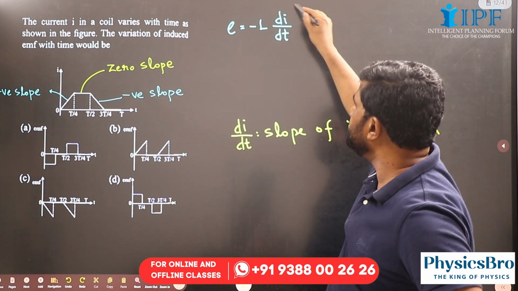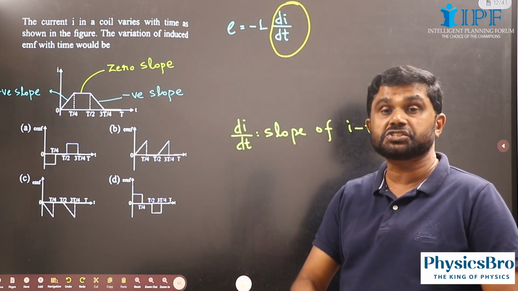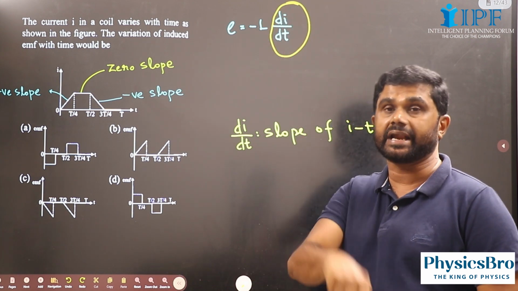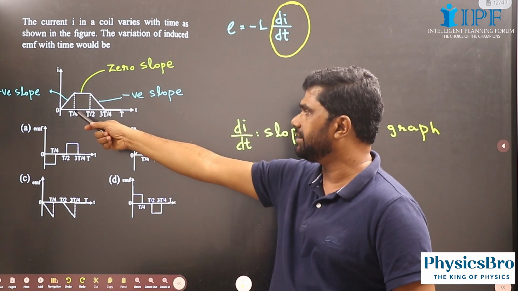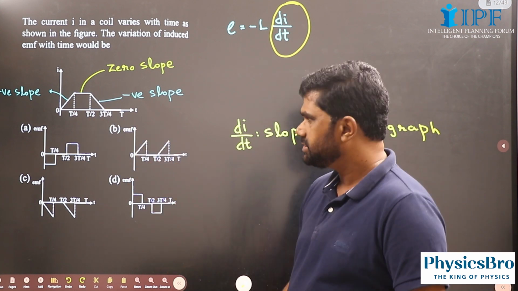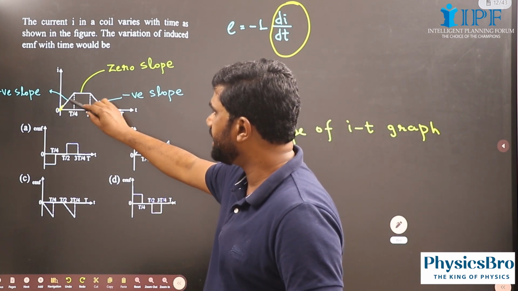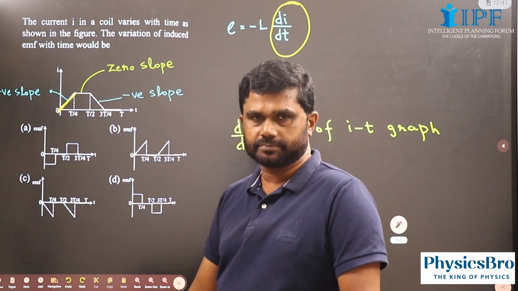And this di by dt is actually the slope of the current time graph. See, during the first interval 0 to T by 4, the current time graph is a straight line with a positive slope.